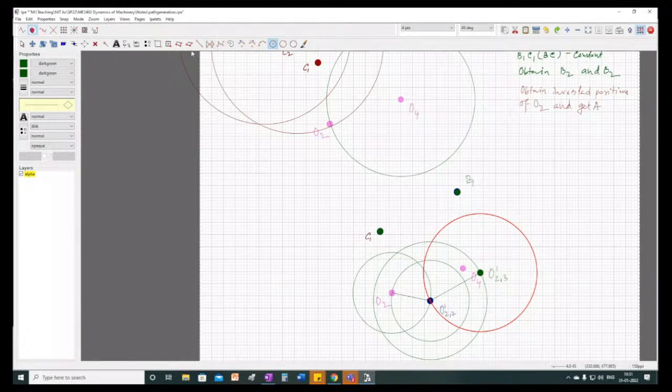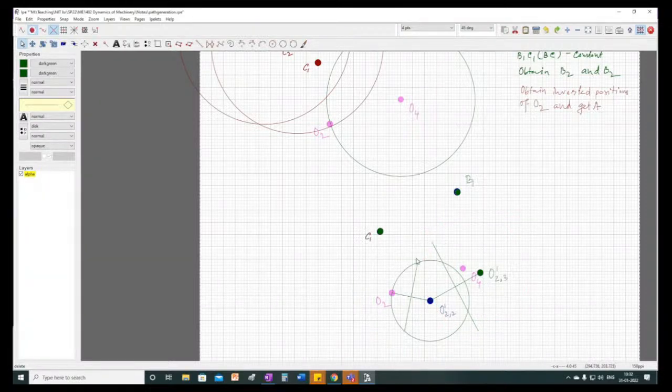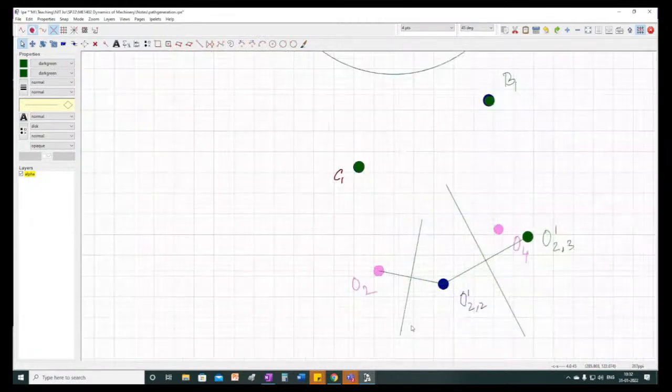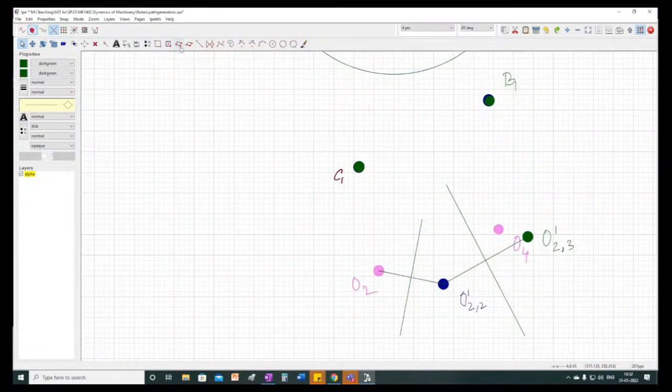So first, let us draw this perpendicular bisector. This is one of the perpendicular bisectors, and this is another perpendicular bisector. Okay, let me remove all other circles to avoid ambiguity. We have perpendicular bisectors, but they must be extended such that they must intersect.